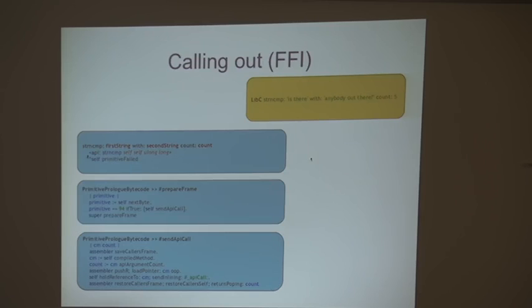Also we want to call some libraries, which is important, and we also wanted to implement this without much assembly. So what we did is, when we are nativizing primitive 94, which is the primitive for sending a native call.